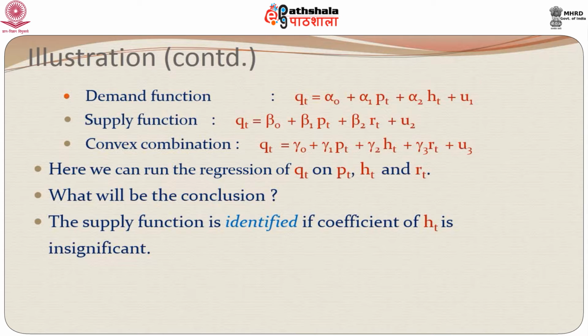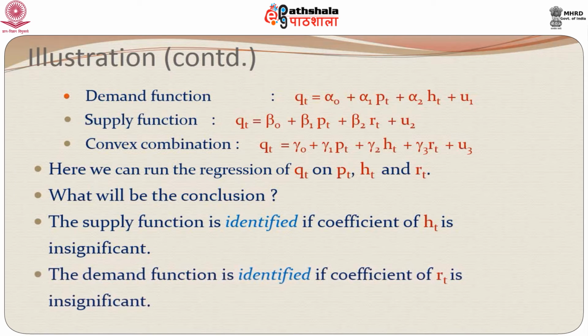So, the supply function would be identified if Ht is insignificant. Similarly, the demand function is identified if the coefficient of Rt is insignificant, because Rt is absent in the demand function, and the absence of Rt in the demand function would make it identified.